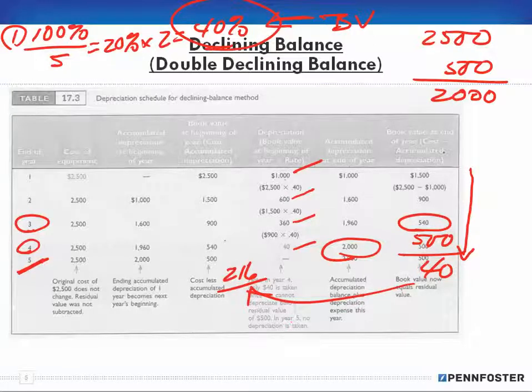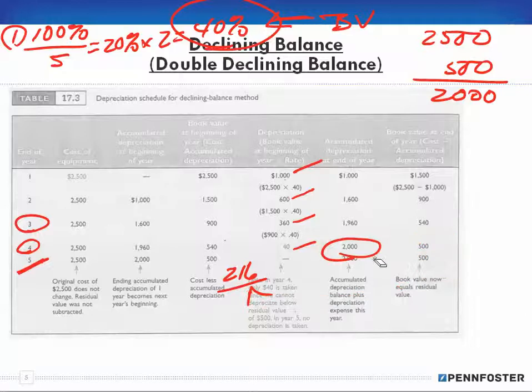That's how I look at it, and I keep a running tab in the back of my mind. I pay attention to this column. Well, you could look at it from a different perspective, in that, like I said, we can only depreciate a maximum amount of 2,000.